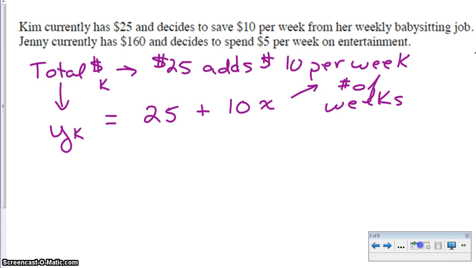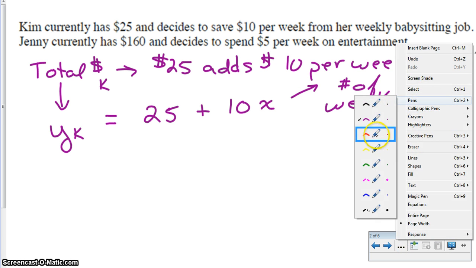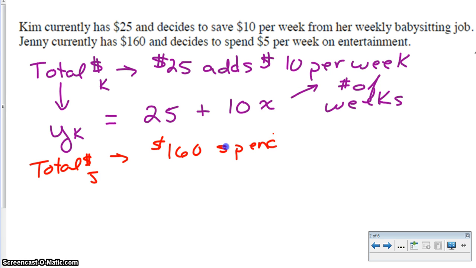Okay? Now let's use a different pen. And let's talk about good old Jenny. Jenny's total money, and we'll put a lowercase j here. She starts with $160, but her problem is she spends $5 per week.